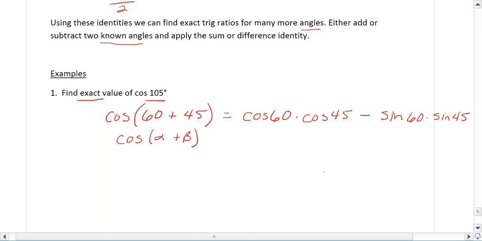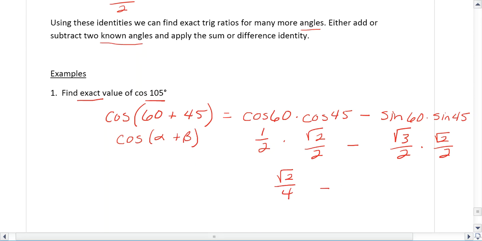Now these are numbers, so we substitute in the values. Looking at our blue sheet, cosine of 60 is 1/2, times cosine 45, which is square root 2 over 2. Put your subtract sign in. Sine of 60, again from the blue sheet, is square root 3 over 2, and the sine of 45 is square root 2 over 2. Now multiplying these two fractions, I get square root 2 over 4.